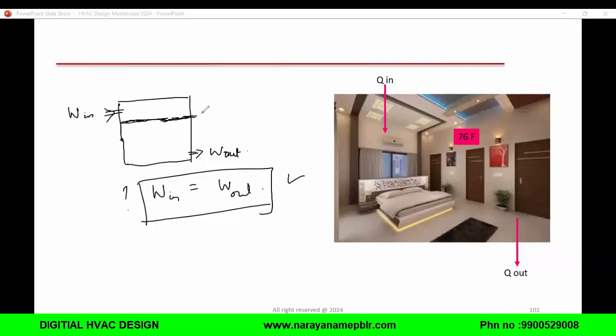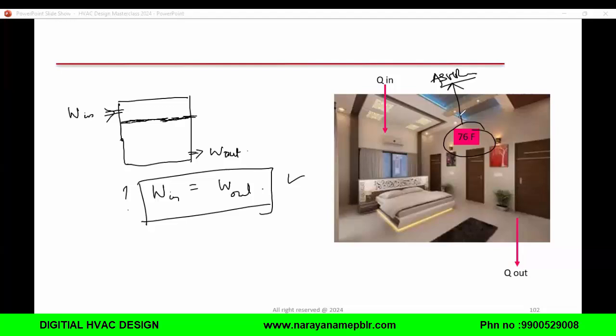Similarly, in case of heat, whatever heat or cooling you get from outside, if you want to maintain a certain temperature, this temperature is as per ASHRAE, right? You have to maintain this temperature. If temperature is more, human beings will feel uncomfortable. You understand the concept of air conditioning, right? Temperature is more, people are uncomfortable.